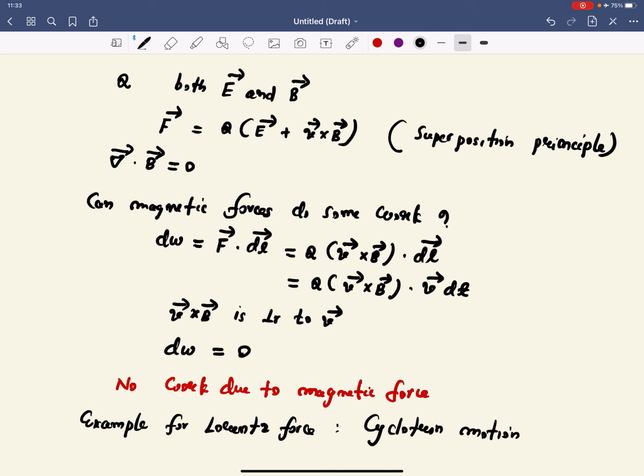There you will see that these elementary charged particles, which is the Q, experience a magnetic force due to the applied magnetic field, and this motion is balanced by the centripetal force. Please see Griffith 5.1.